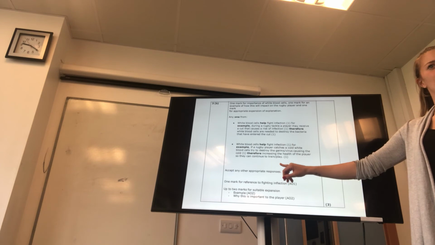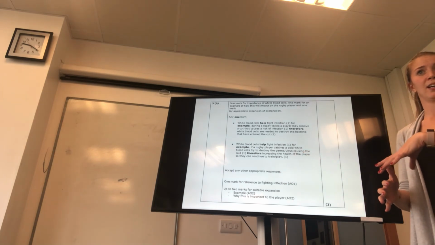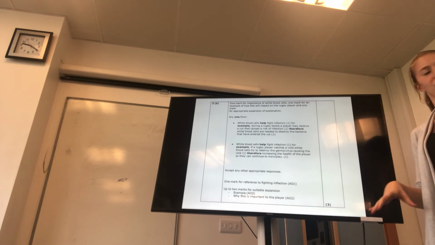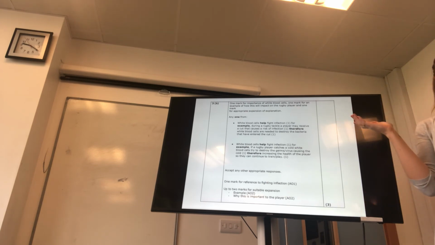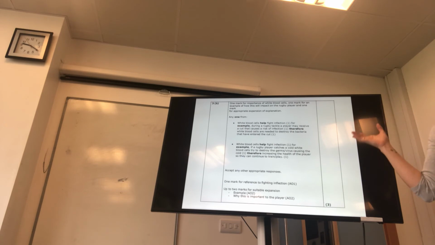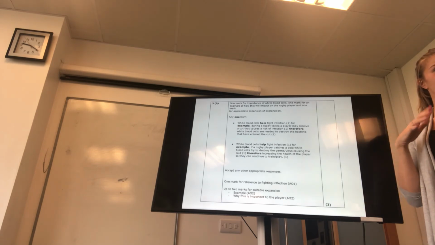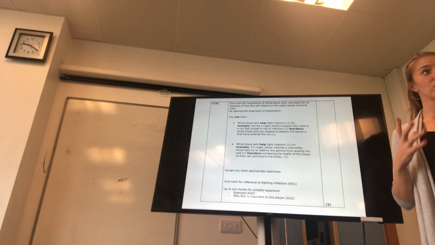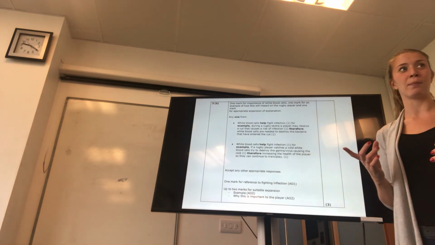So if your answer is correct because you've learnt it in another course, or from doing science, or psychology, or from listening to a talk, or watching a documentary, if it's relevant and backed up by a scientific point that is in the text, you might still get that point. Just because I haven't told you about it doesn't mean you won't get a mark for it.